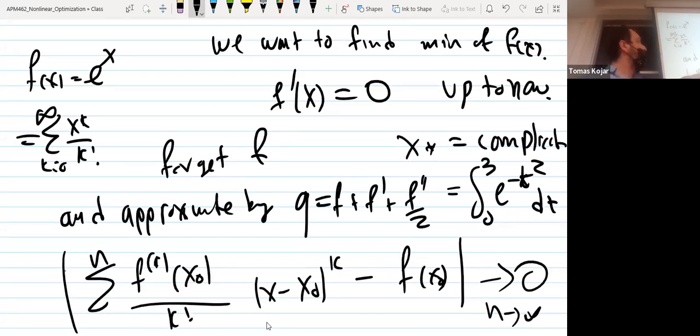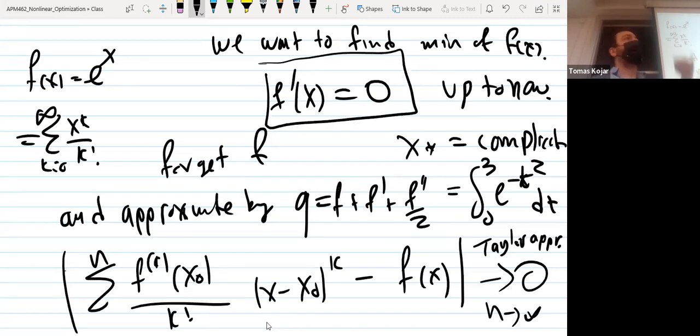They're using that the Taylor approximation converges to the value f of x. Okay, this is called Taylor approximation. They're saying, I don't want to solve the original stationary problem, so let me solve it up to second order. And it turns out to be good enough, which is amazing. You would think that you need to take n to be really big, but it just takes n equal 2.